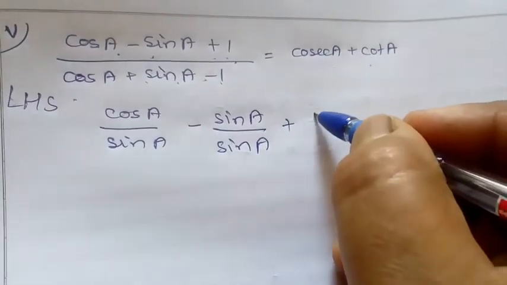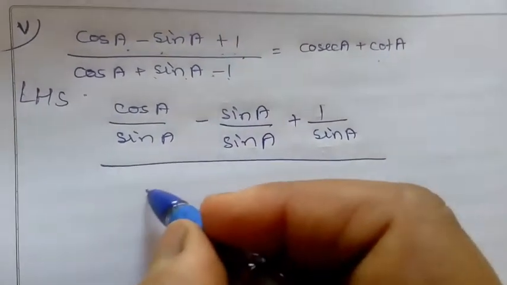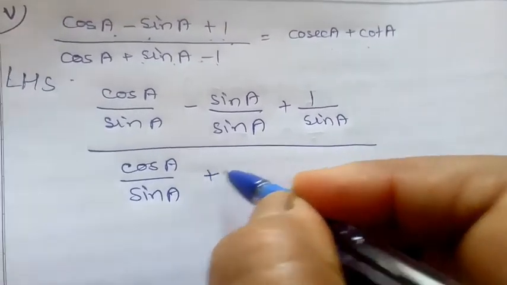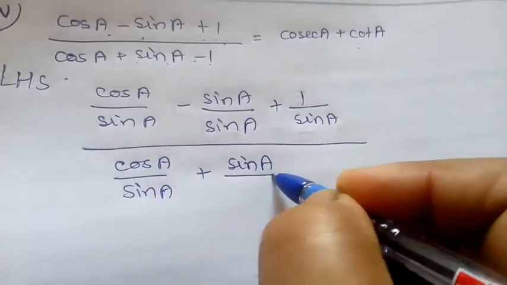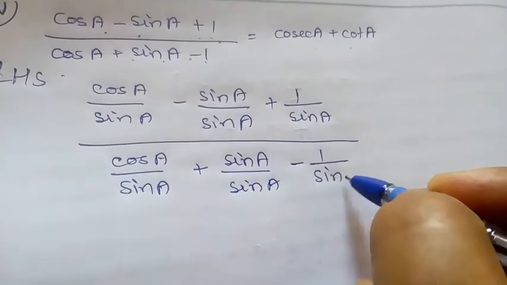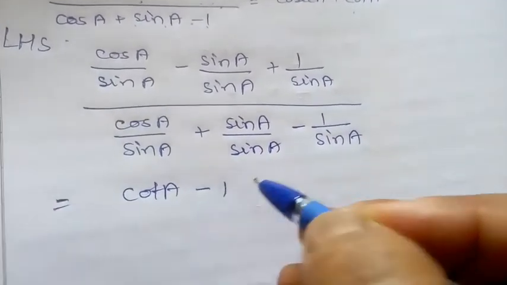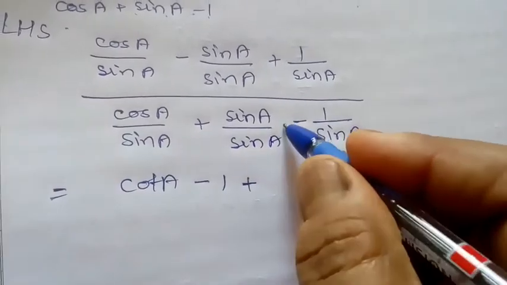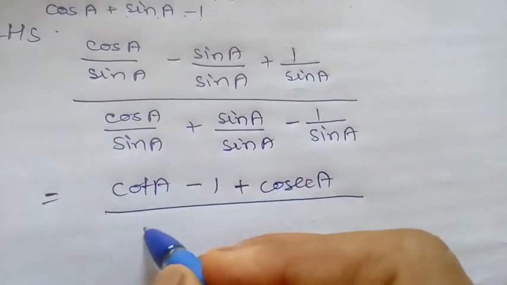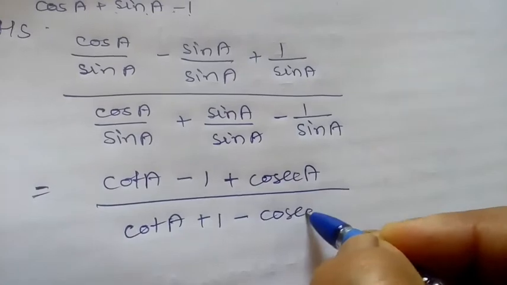Cos a upon sin a minus sin a upon sin a plus 1 upon sin a, and denominator cos a upon sin a plus sin a upon sin a minus 1 upon sin a. Cos a upon sin a is equal to cot a, minus 1, plus 1 upon sin a is cosec a, and cot a plus 1 minus cosec a.